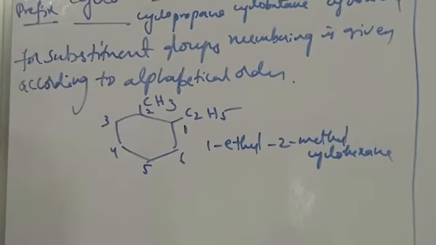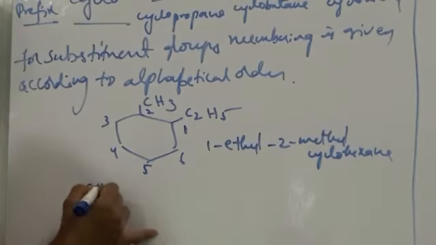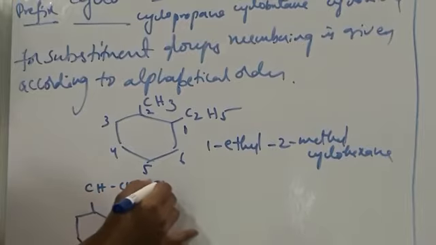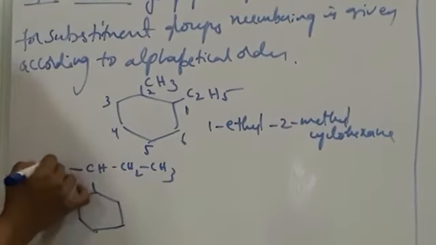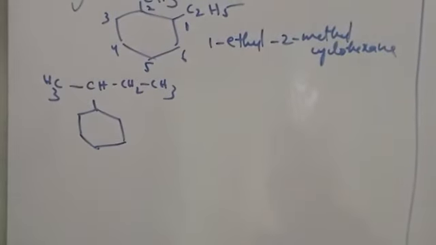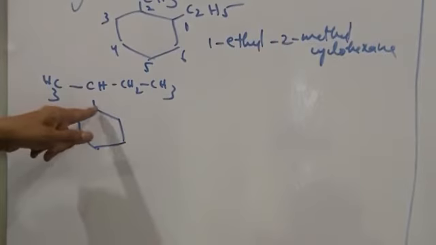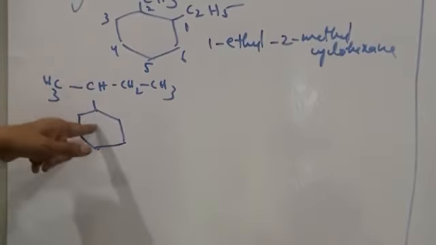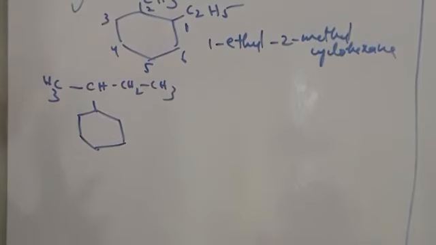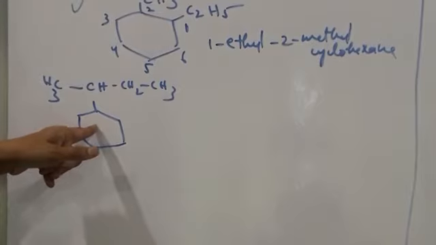For example, if we take a compound like this, while giving the IUPAC name, the cyclohexane is substituted with a side chain having 4 carbon atoms, and cyclohexane has 6 carbon atoms.